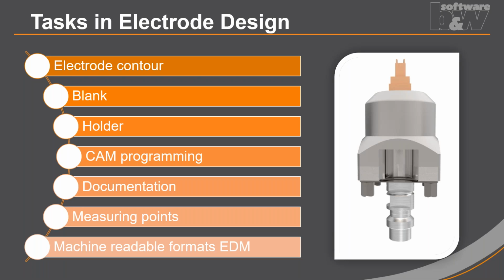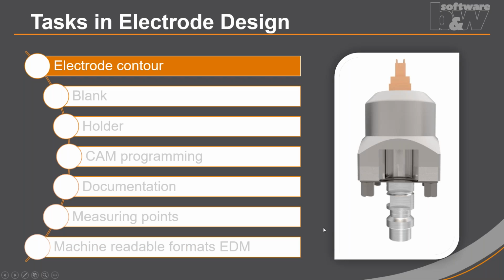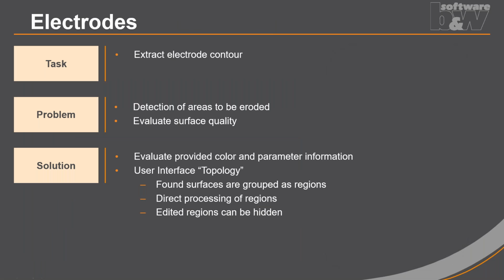And in the end, we would like to pass information to the electrode programming system to simplify the programming and to avoid errors. In today's session, I will focus on the extraction of the electrode contour because we have a user interface to show how we could work with the extracted PMI.